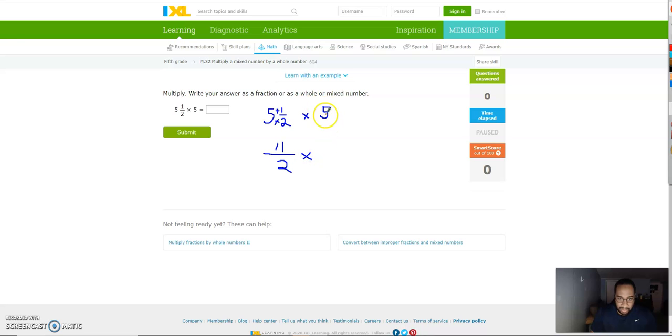Times, remember we have to turn that into a fraction. Chloe, how do we turn this into a fraction? Yes, we put the 5 over 1. Now let's multiply. Who can multiply for us? 11 times 5 equals 55.